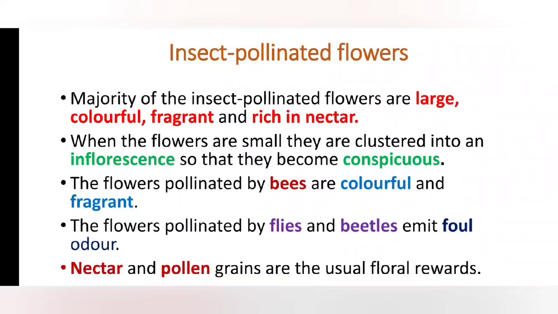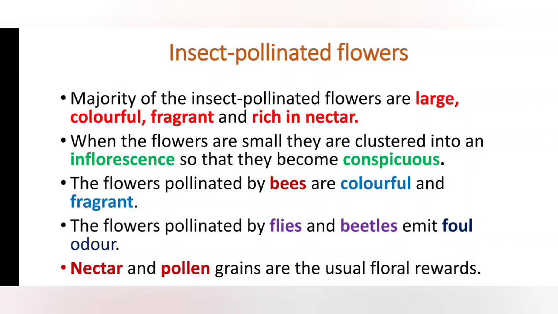When the flowers are very small in size, they get clustered into an inflorescence so that they become conspicuous. Conspicuous means what? Easily seen. The flowers pollinated by bees are colorful and fragrant. Then only they can attract the bees towards them. The flowers pollinated by flies and beetles emit foul odor.